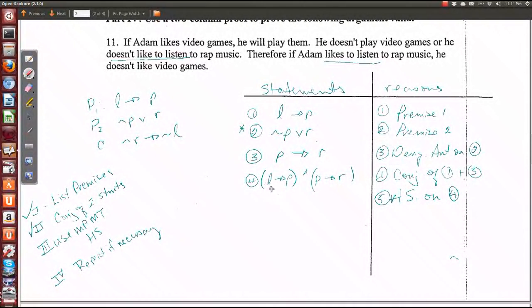That gives me the first antecedent and the last consequent, so I end up with L conditional R. That's step 3, where I'm using modus ponens, modus tollens, or hypothetical syllogism.